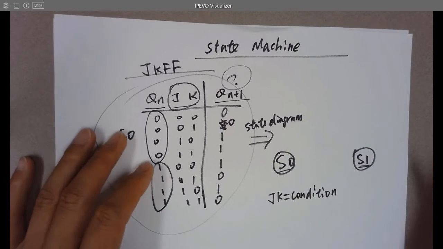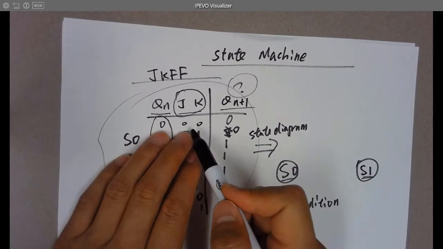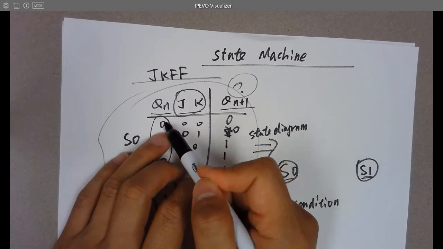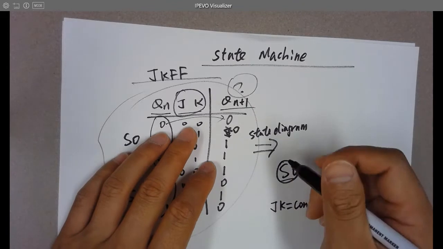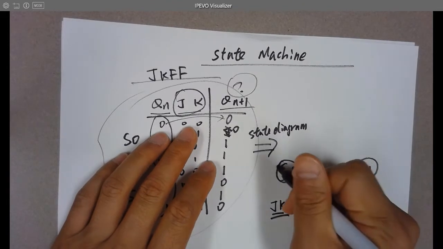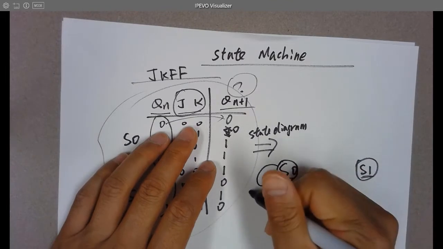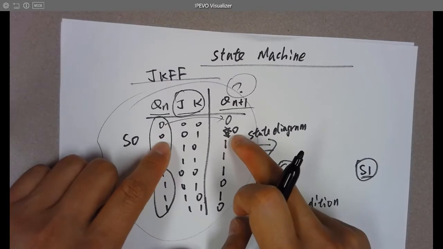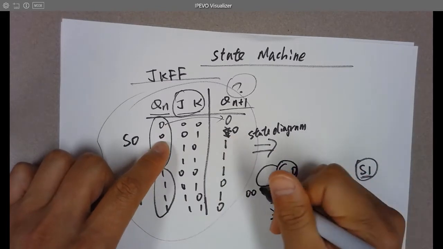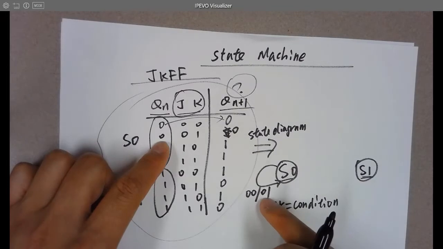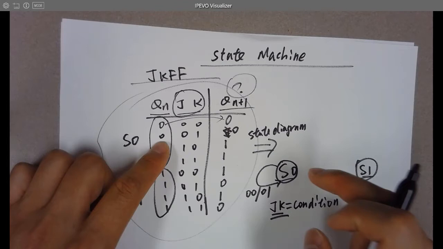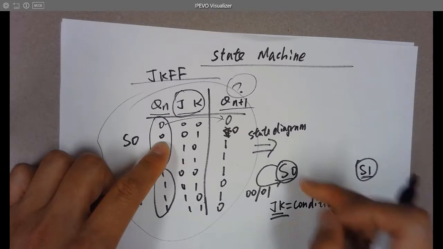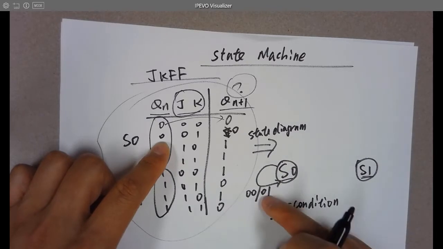So now let's see. When JK are 0, 0, the state jumps from 0 to 0, right? Which means it jumps to itself. And when JK is 0, 1, it also jumps from 0 to 0. So at these two conditions, if the state is S0, it won't jump anywhere else. It's going to stay at the same state.